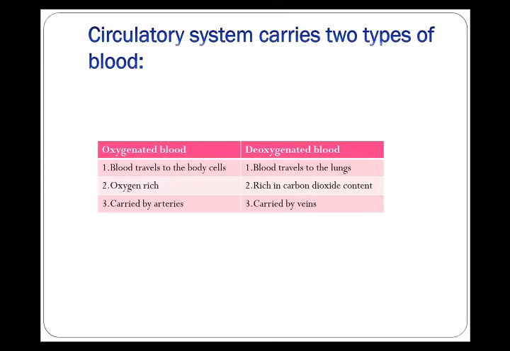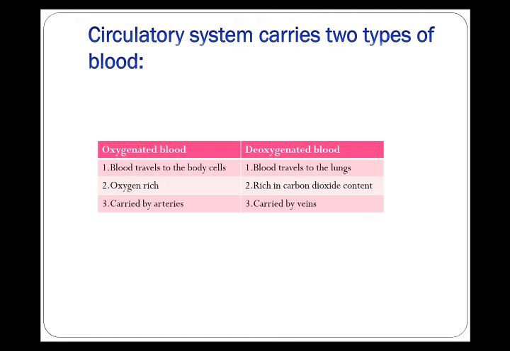So deoxygenated blood is carried by veins. So now the other type of blood vessel is veins. Arteries carry oxygenated blood and veins carry deoxygenated blood.